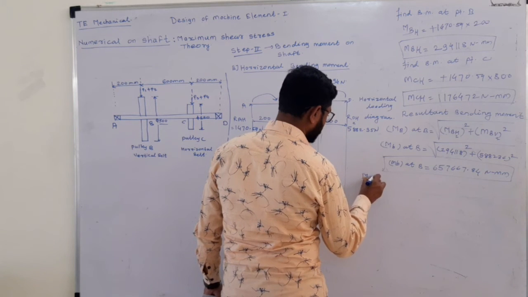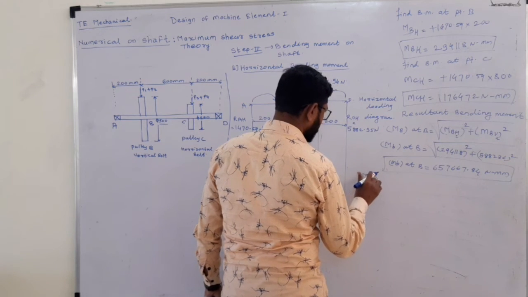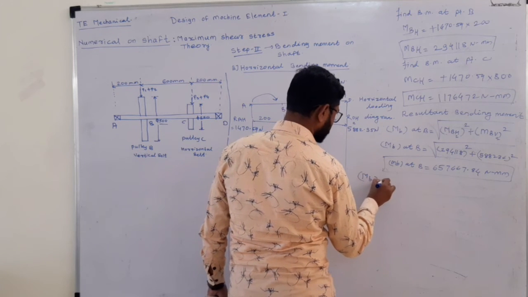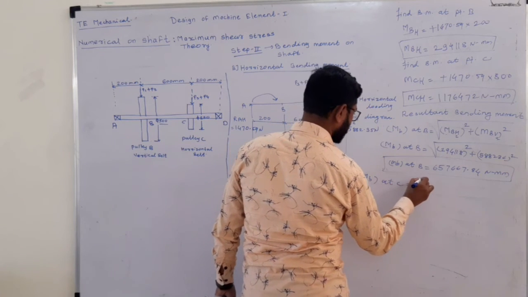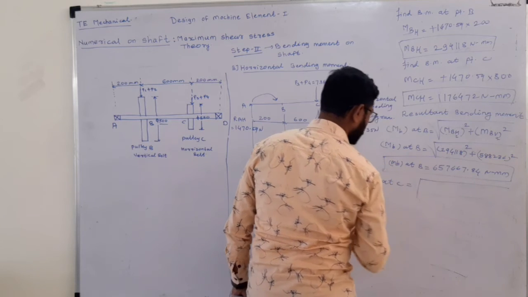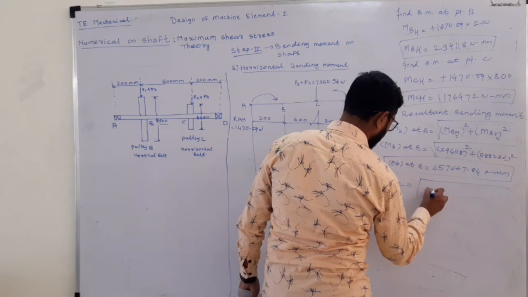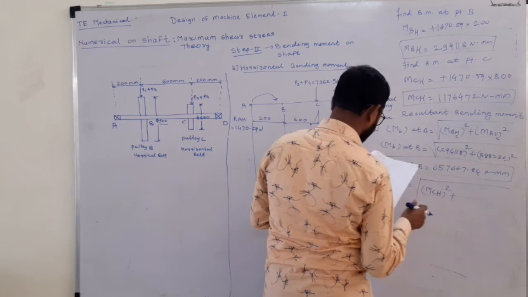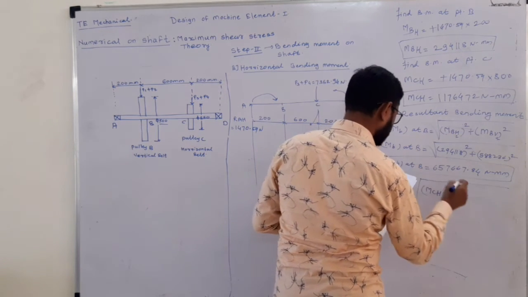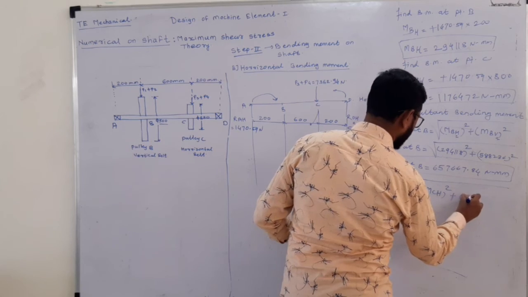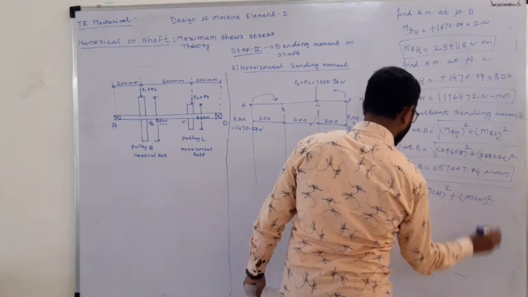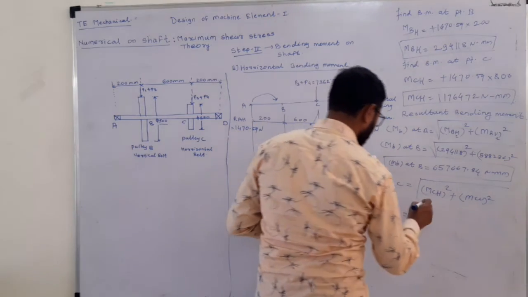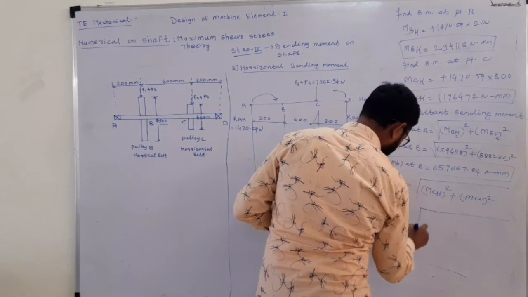And bending moment at C is equal to under root of MCH square and MCV square.